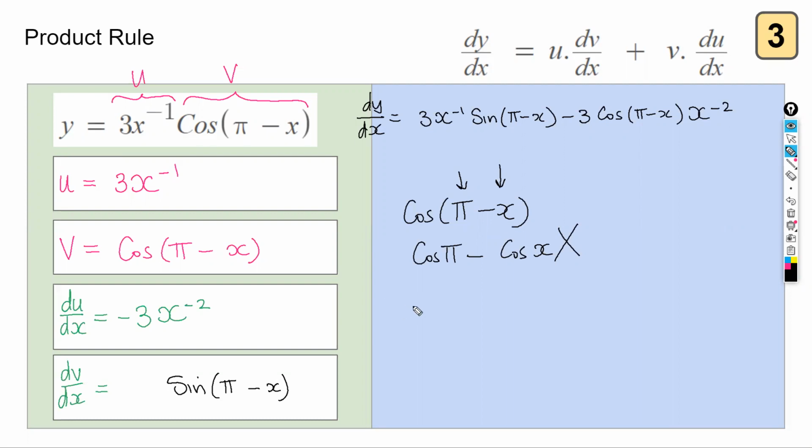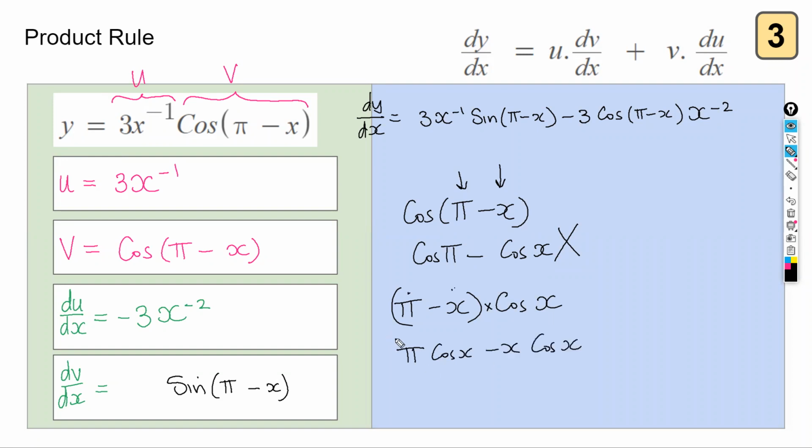Now, don't get me wrong. If I had pi minus x, the brackets came first, and then I had, let's say, cos x here, I know that looks strange. Fine. In this case, you can multiply every one inside here by cos x. But look how I'm going to write it. The pi gets multiplied by the cos x, and this minus x gets multiplied by the cos x.